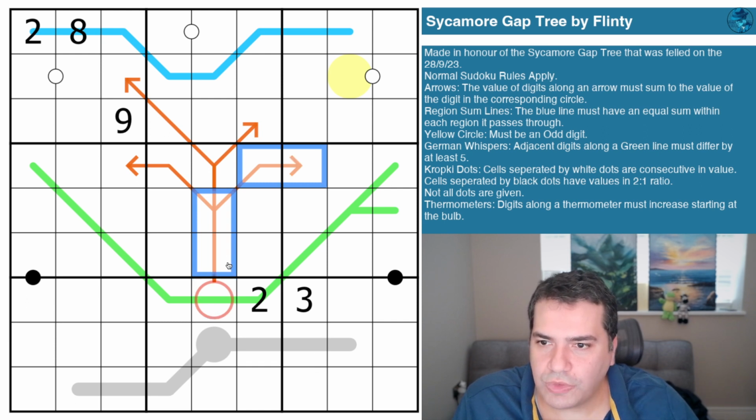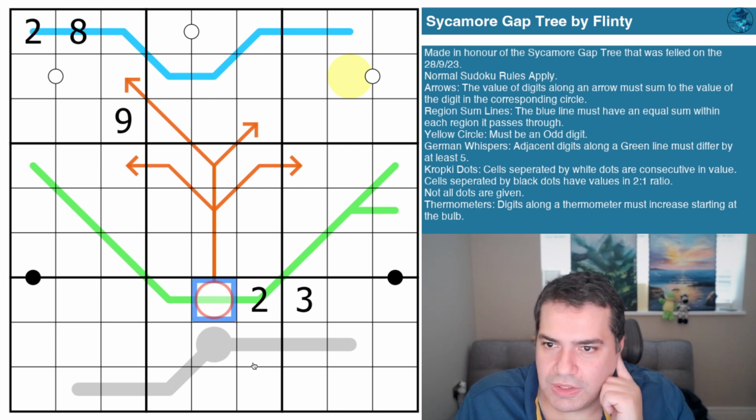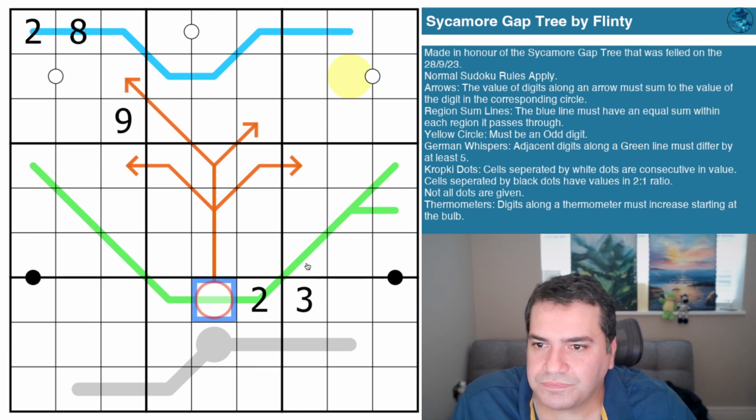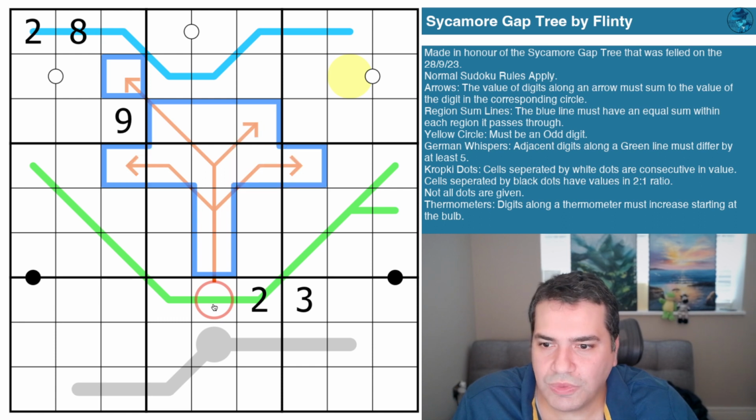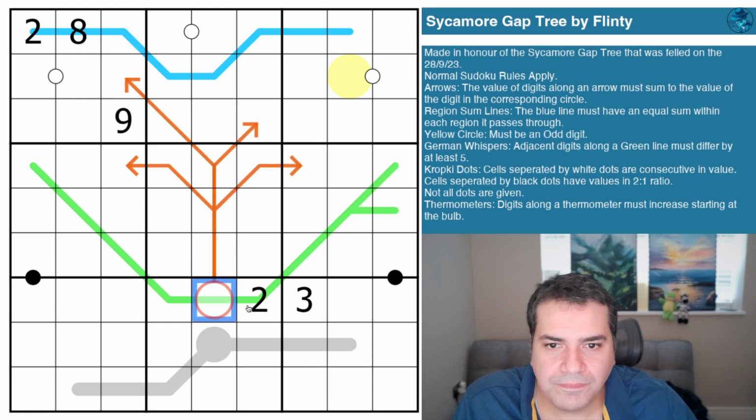So we've got 4 arrows that somehow all add up to the same value. That's the way I'm interpreting it, and I'm hoping I'm interpreting correctly. Because having all of these being a single arrow, for example, is clearly nonsense. There's no way this is going to fit in a single digit.